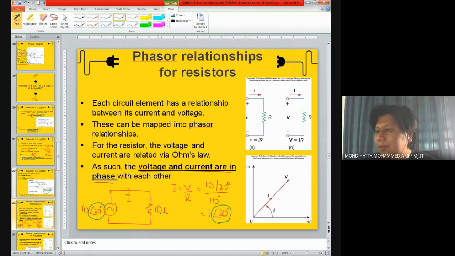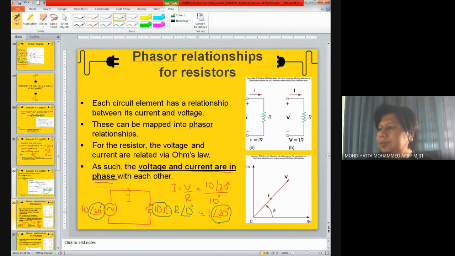It is because the element is just a resistor. If it is something other than a resistor, the current will be a bit different. The reason the current has the same angle as the voltage is that a resistor, written in complex form, is R with an angle of 0.